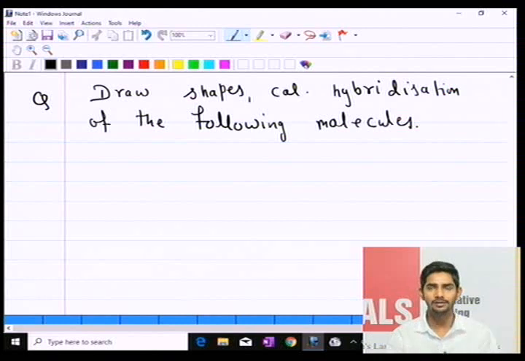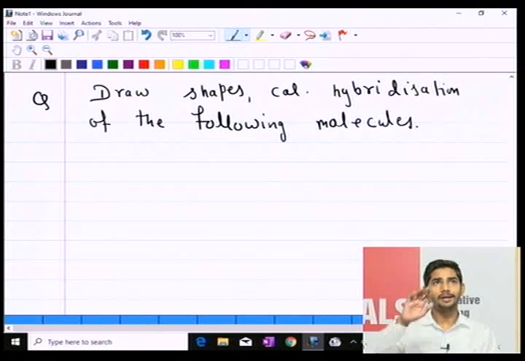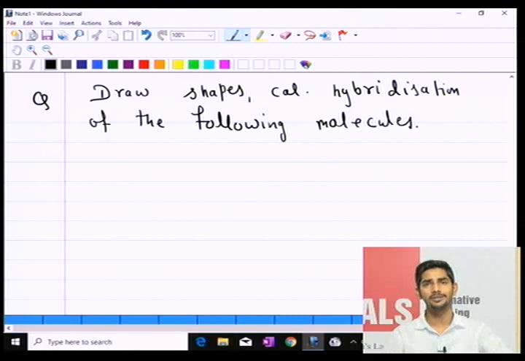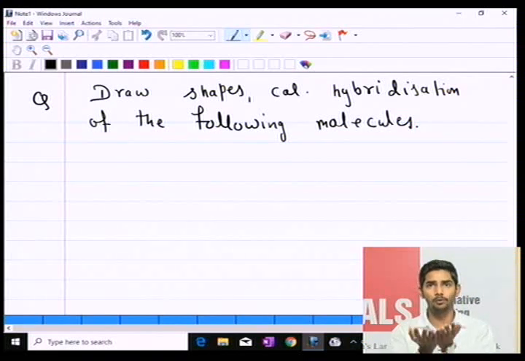If you don't get sufficient atoms, then the remaining positions will become lone pairs. Okay, and after that, hide the lone pairs, try to imagine the shape, check out the table, and just look at the answer. Okay, to see whether you are close enough or not. This is how you have to use the table.